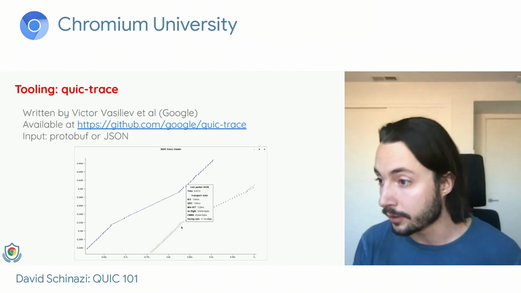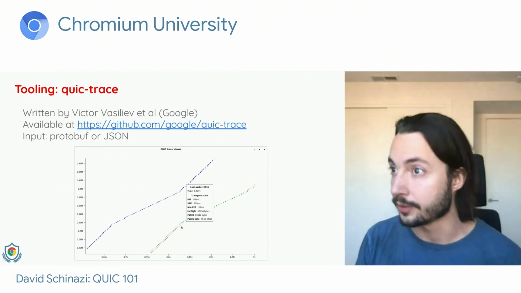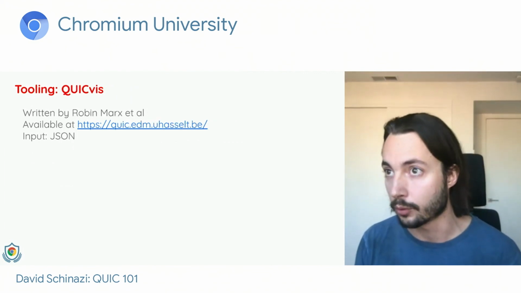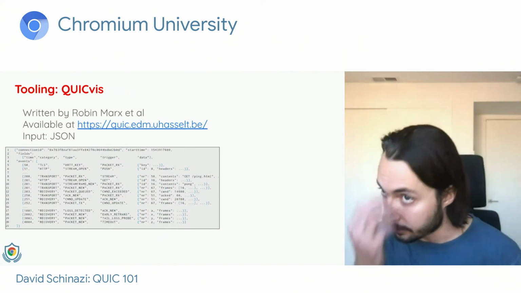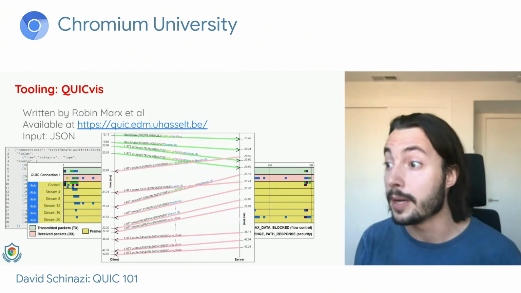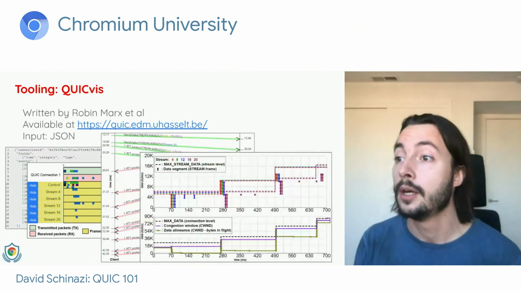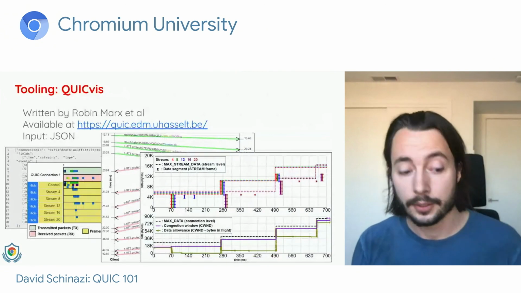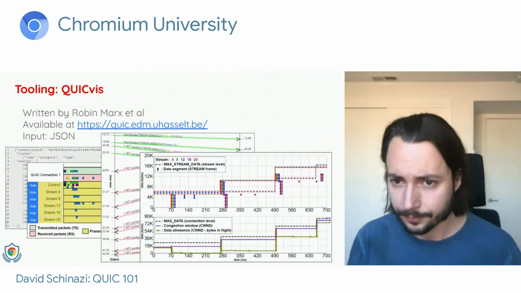Quick Trace is an example from Victor Vassiliev at Google that emulates TCP trace, but in a way that works for Quic. And QViz is a project by Robin Marks and others that does many different visualizations of what's going on in a Quic connection. And it's been incredibly helpful to help us diagnose issues.